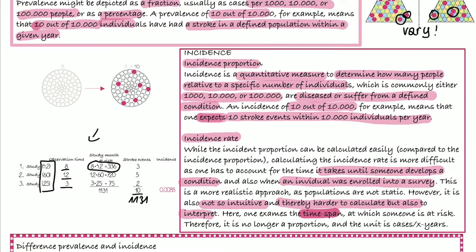Then we get the incidence. The incidence of 0.088 is per one person. So if we multiply it with 1,000, we get an incidence of 9 out of 1,000 people which suffer a stroke. Those are all just fictional numbers, so don't worry about those. It's just to illustrate the whole principle.